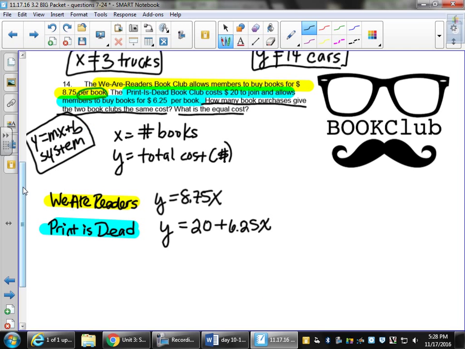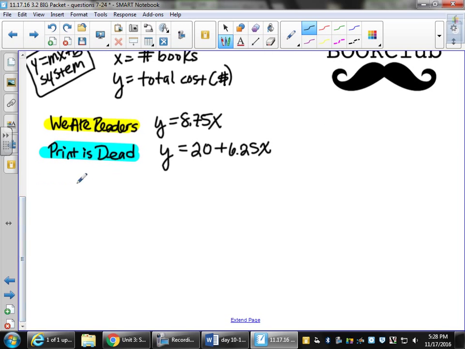We have our system, so we're ready to set these equal. Let's figure out when it will not matter which club you join. So 8.75x equals 20 plus 6.25x. X is already kind of on its own, a single x term on the left.